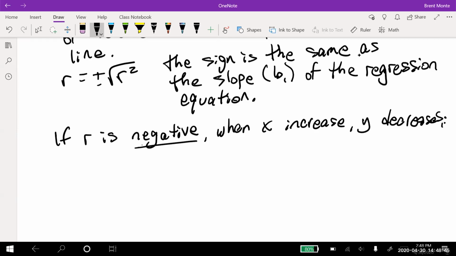Well, let's put a semicolon there. That's a lot of dots. When X decreases, so I should put an S there, Y increases.